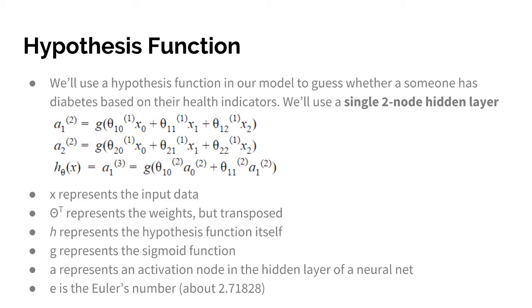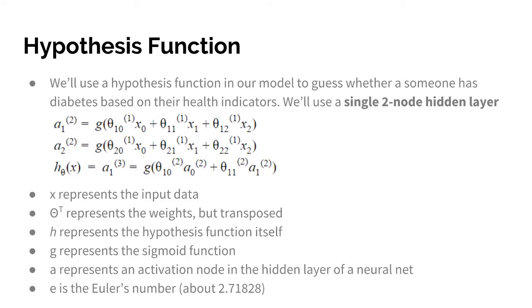Throughout this model, we're going to be using the sigmoid function to map values to 0 to 1, because ultimately we're making a prediction, and so we want to use the logistic function. As you can see here, we're introducing a new term in our hypothesis function, this A term. A represents the activation node of a hidden layer in the neural net.